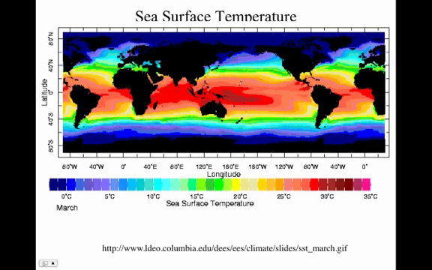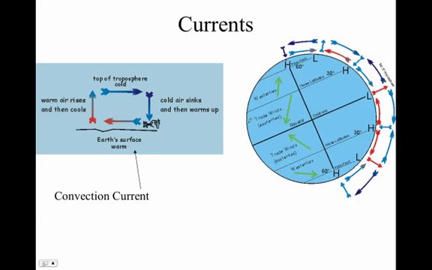The sea temperature looks like this if we were to take a thermograph of the sea surface temperature. If you notice, it's hottest along, of course, the equator. And it gets cooler, the surface, as we go away from the equator. Now, what do we know about unequal heating?